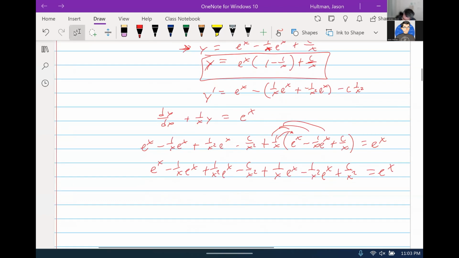And so, yeah, everything cancels. Negative 1 over x, positive 1 over x, positive 1 over x squared, negative 1 over x squared, and negative c over x squared, and positive c over x squared. And so what's left over? Just e to the x equals e to the x. And so it checks. Okay. That is, yeah, really good.